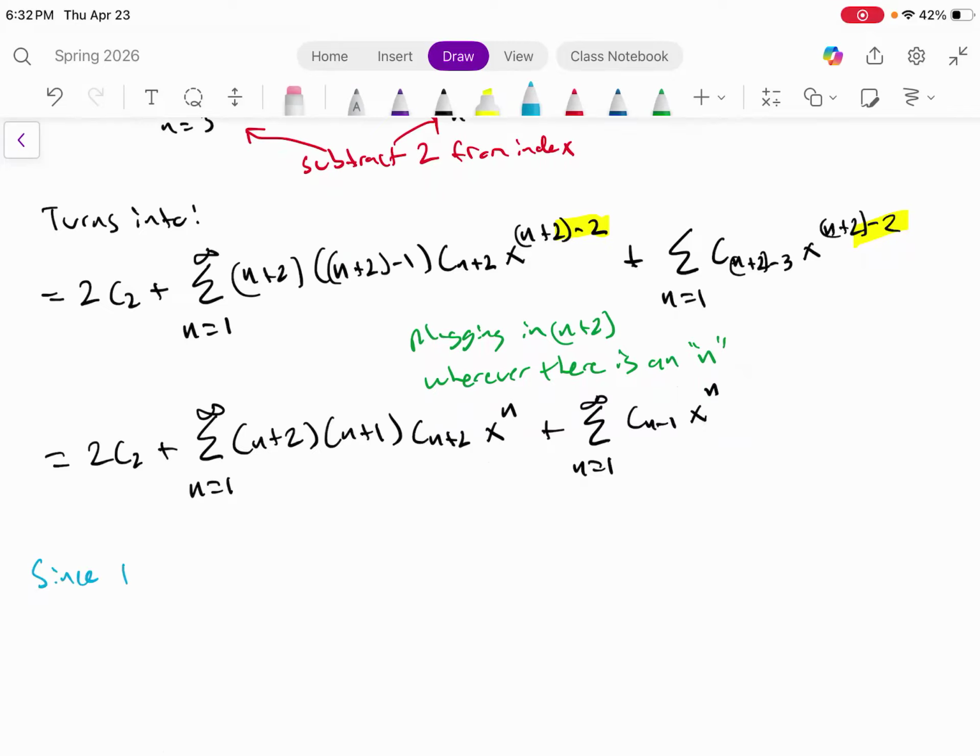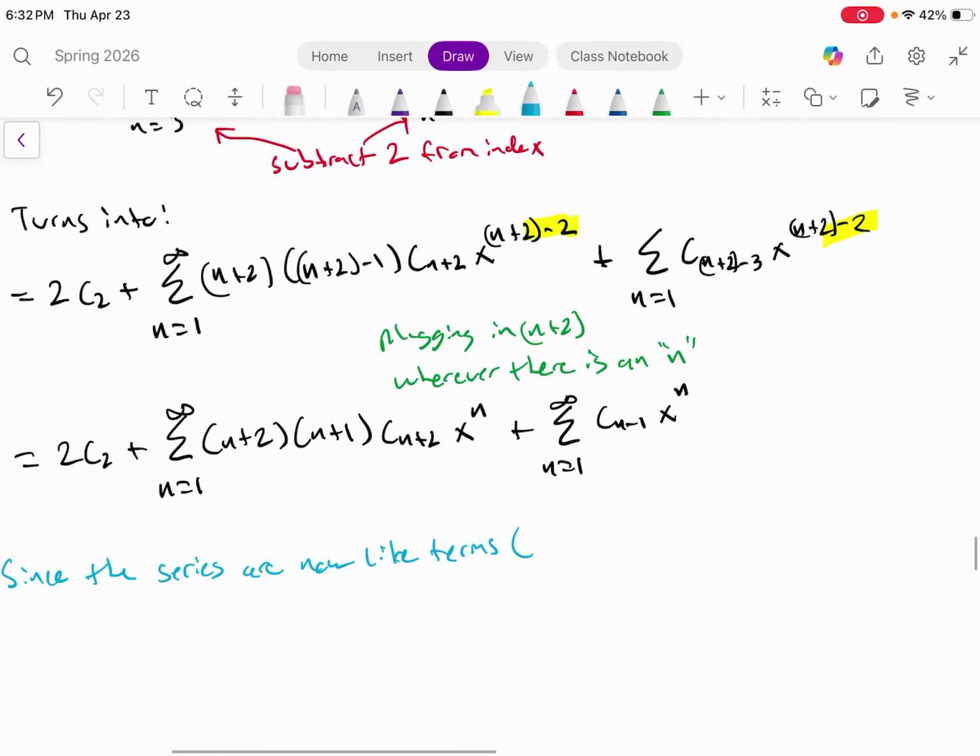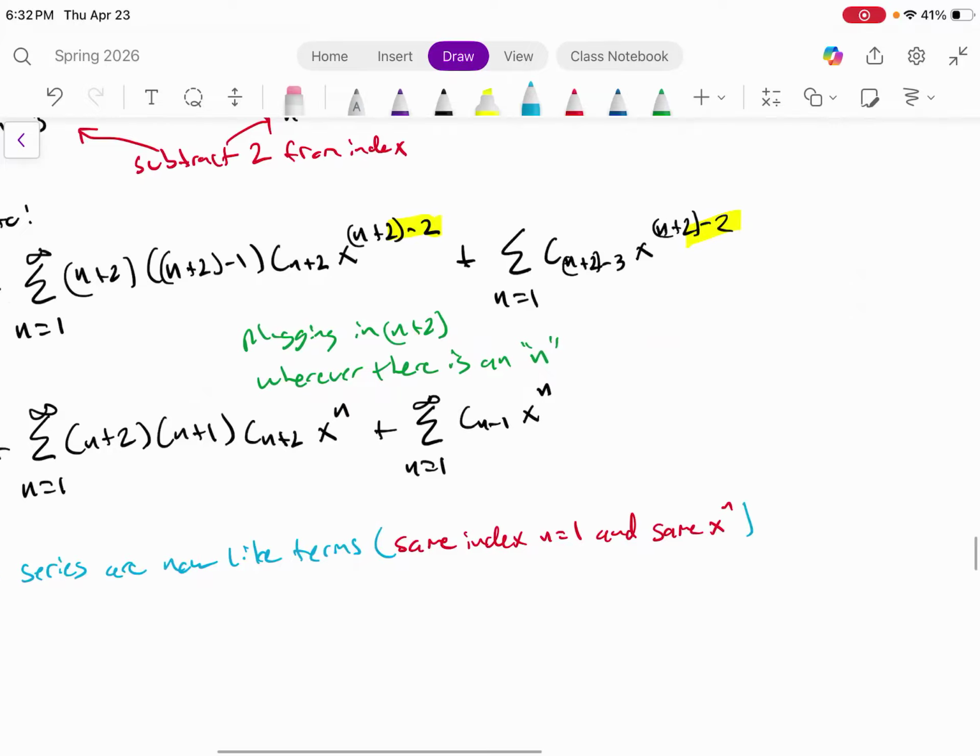So since the series are now like terms, meaning same index, n equals 1, and same power, x to the n, we can combine.